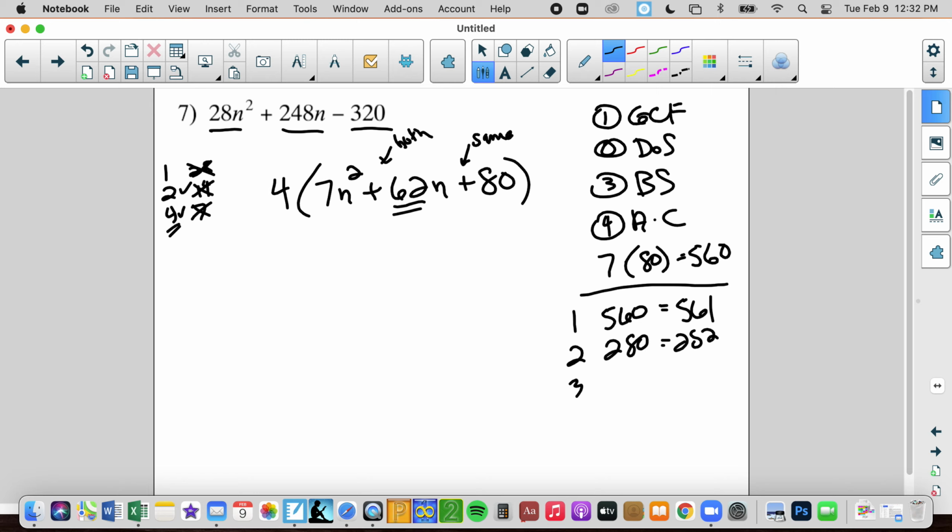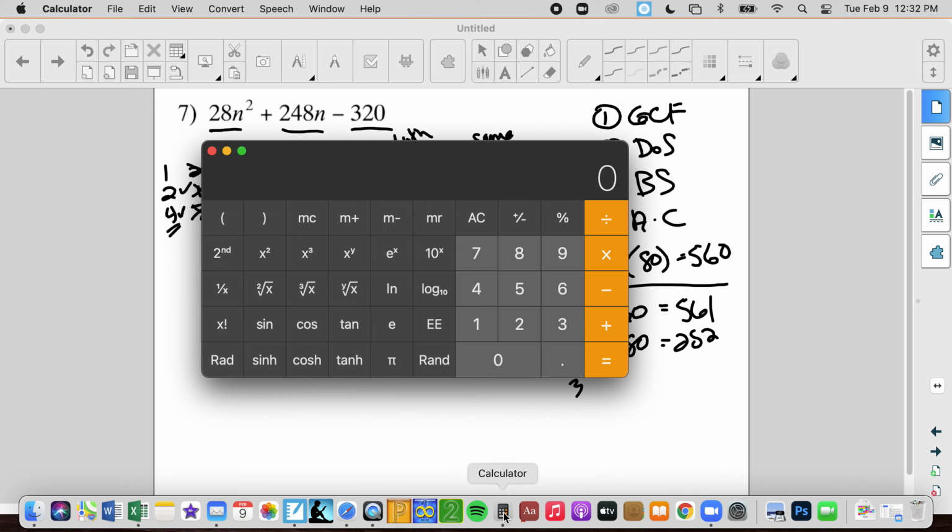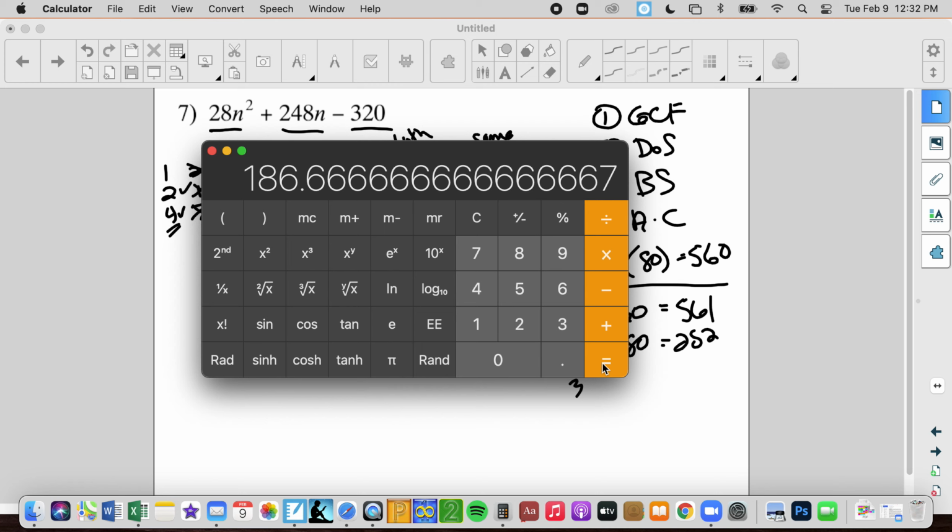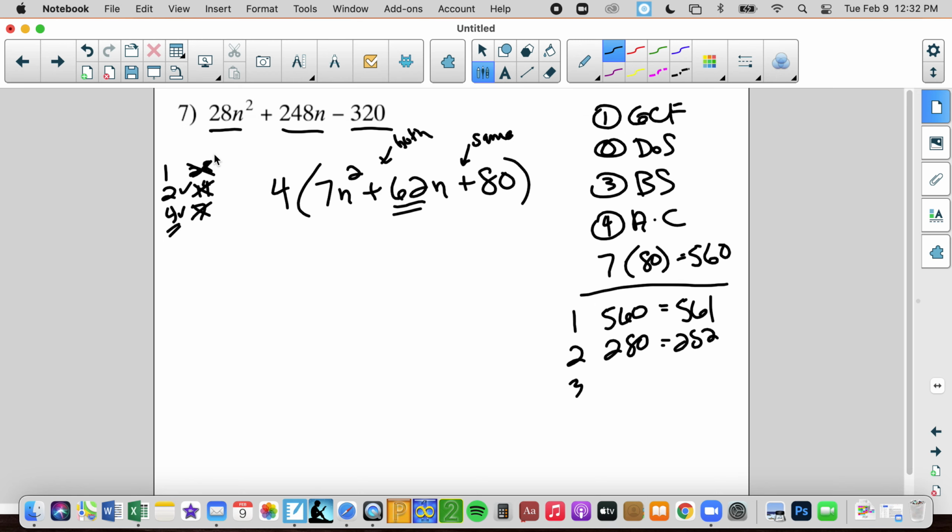3 goes into 560? Does 3 go into 560? 560 divided by 3. No. So 3 doesn't go into it, 4 does, and 4 gives me 140. The reason is I looked at 2 times 280, and if I pulled the 2 from 280, that would give me 140.